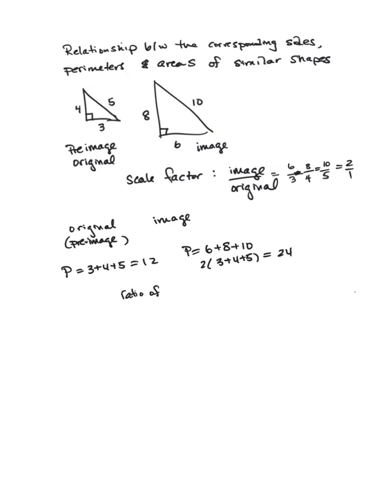Okay, so the ratio for the perimeters, the ratio of the perimeter of the image to the perimeter of the pre-image is 2 to 1. Okay, so that means that the ratio of the perimeters is the same as the ratio of the corresponding sides.